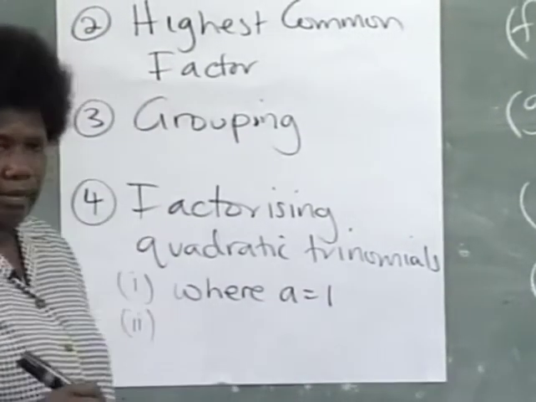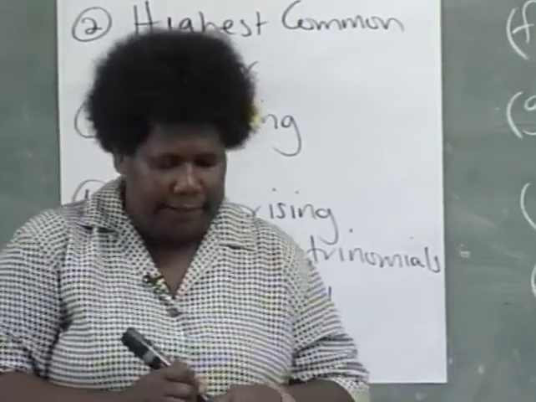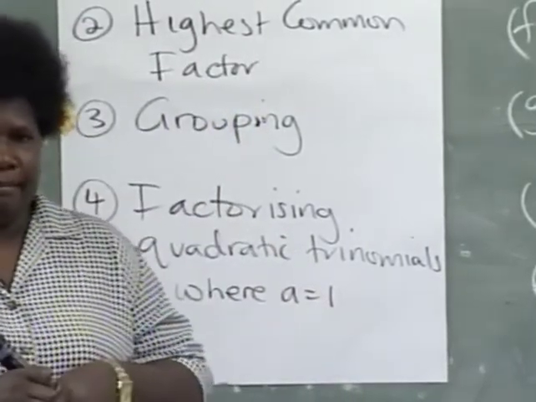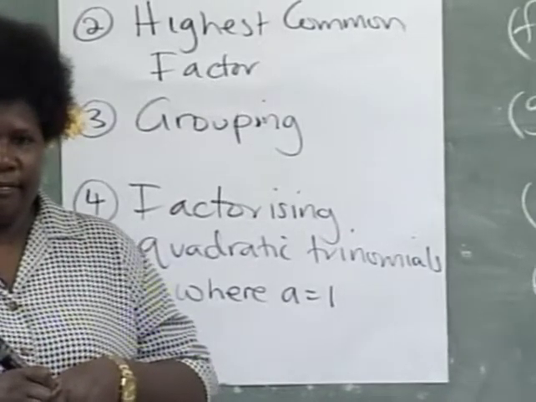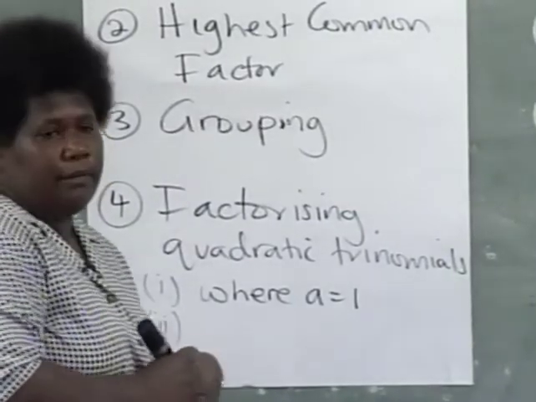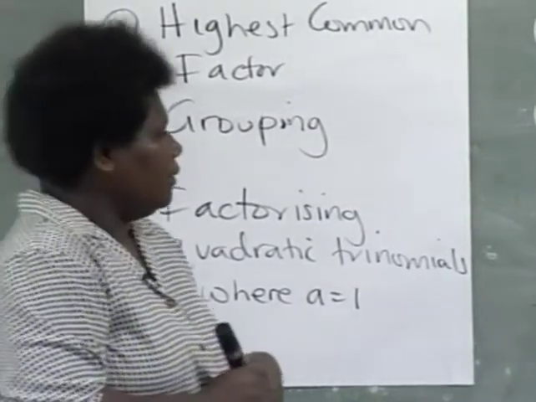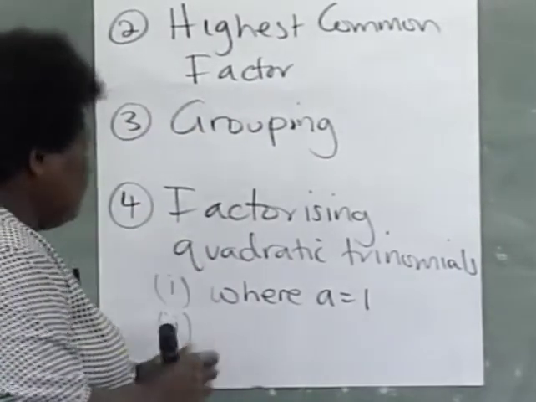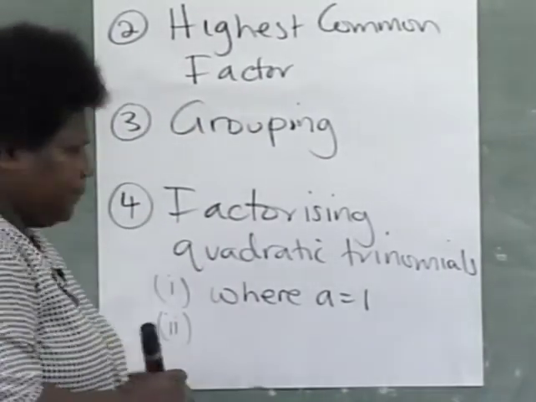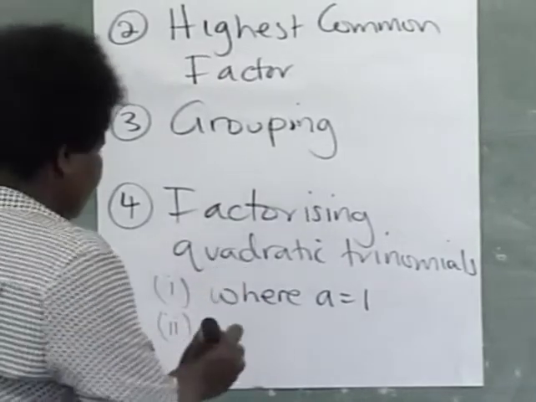And Velma, what do I mean by a? What do we mean by a? The coefficient of x squared, or the coefficient of the first term. All right, it doesn't necessarily have to be x squared. Okay, what about the second one? Where a is greater than 1.